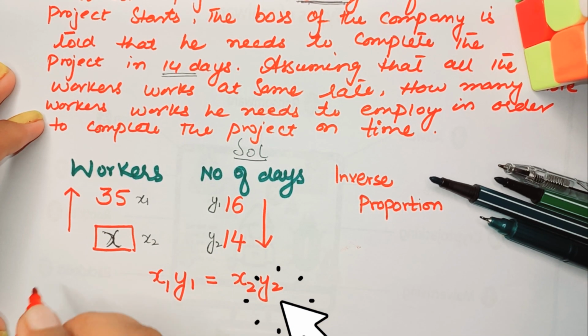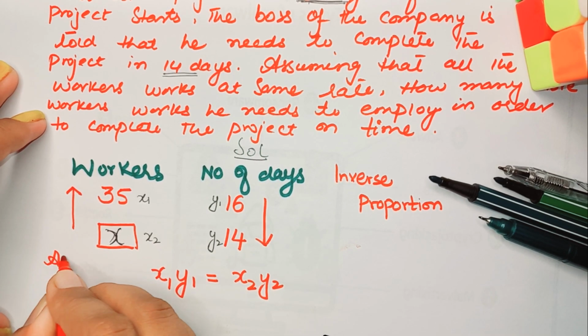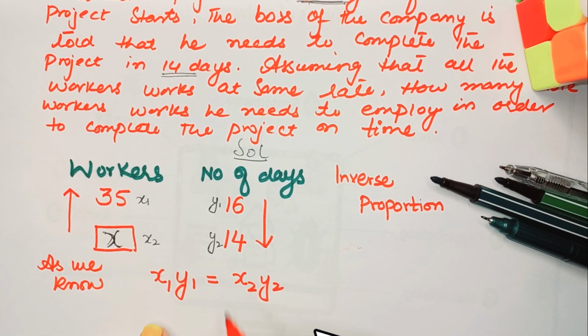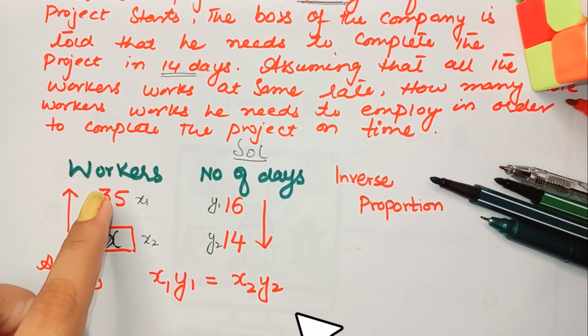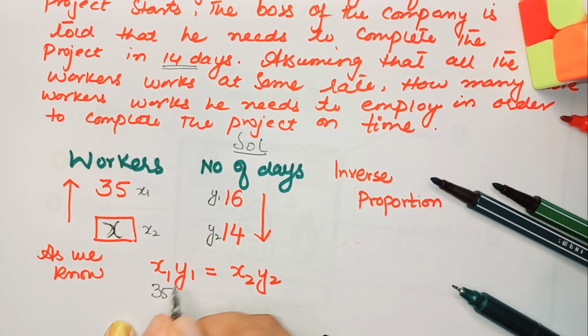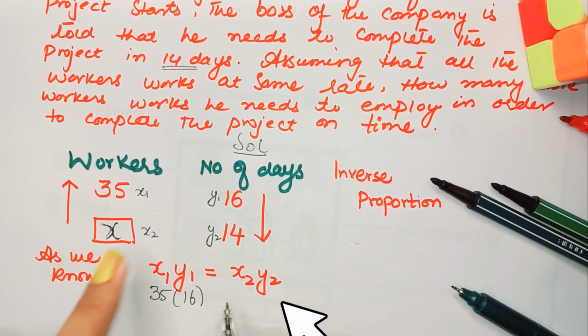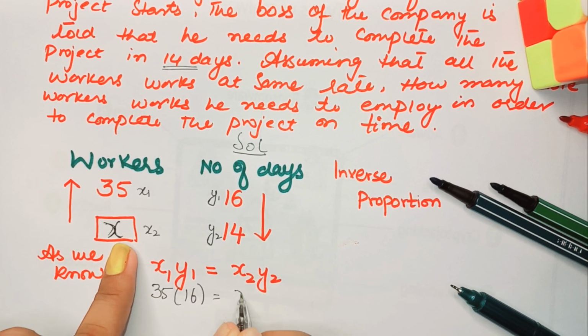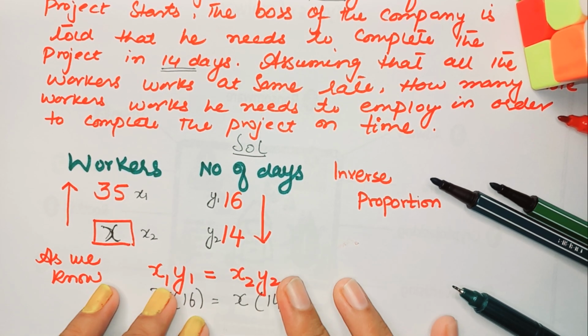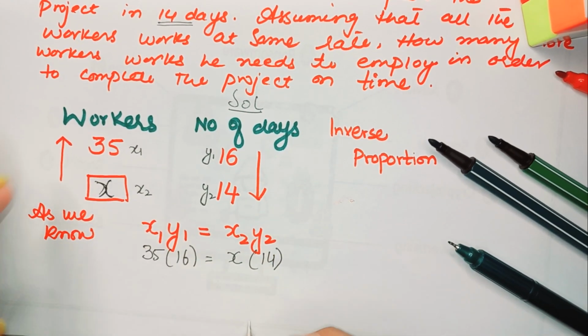To beautify the question, we can write it here as we know. Okay, so now you can see that x1 is 35, y1 is 16, x2, which we have to find, is x, and y2 is 14. So now we just have to simplify it.